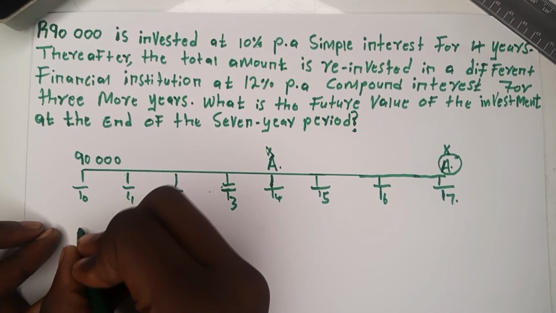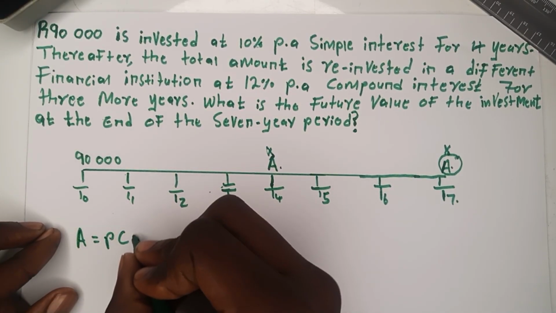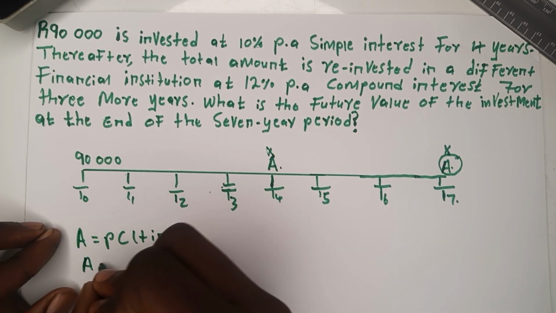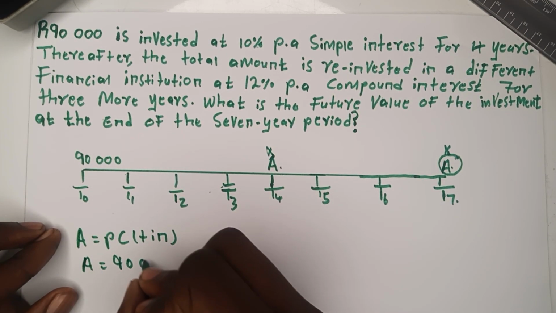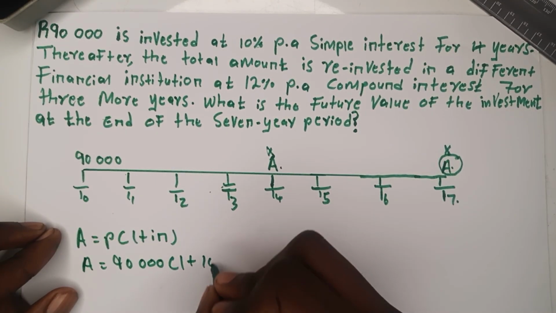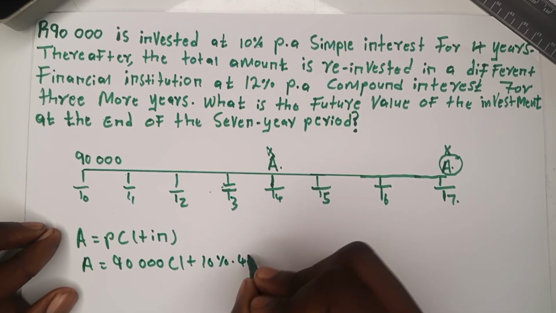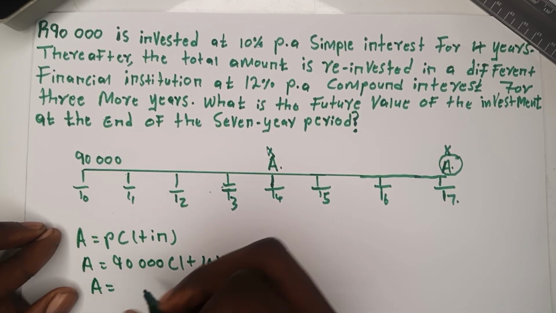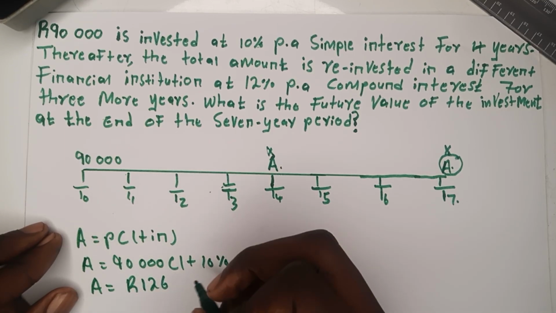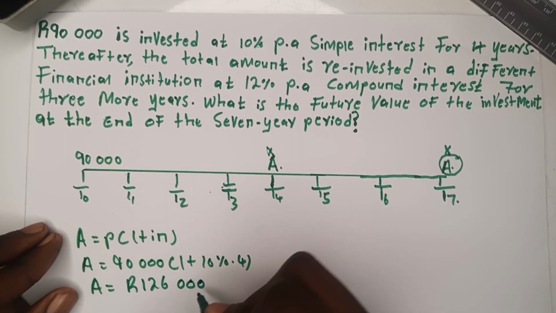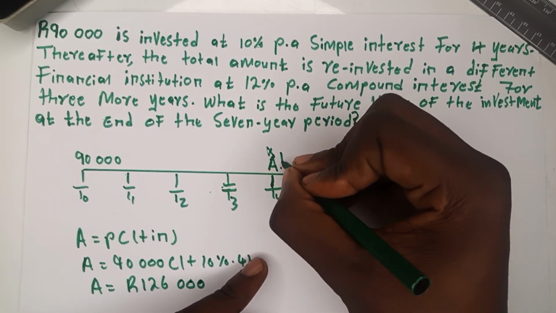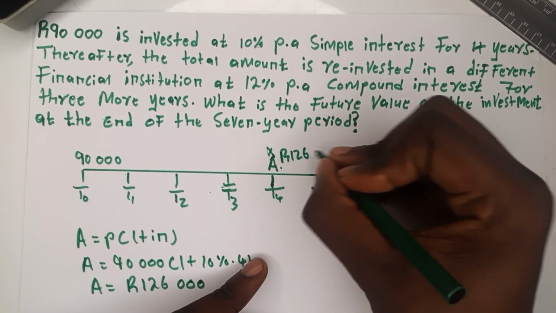So A is equal to P(1 plus i multiplied by n), and then A is equal to 90,000(1 plus 10% multiplied by 4 years). If you punch that in the calculator, we're going to get 126,000, and this is the value of the accumulated amount after 4 years. So we have 126 thousand after 4 years.